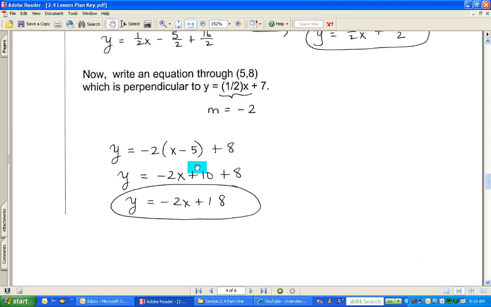I get -2x plus 10 plus 8, which gives me y equals -2x plus 18. So notice what we've done in these past few problems. We used the point slope formula to start, and then we converted it into the slope intercept form because that's what was asked for.